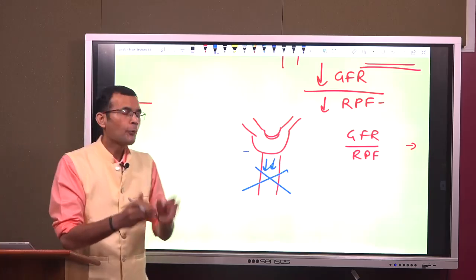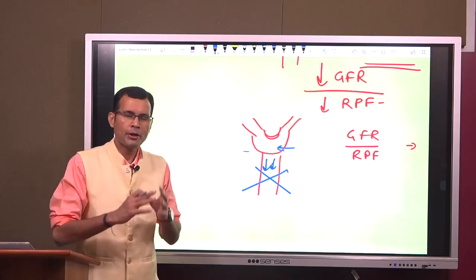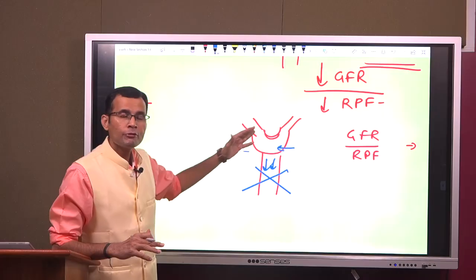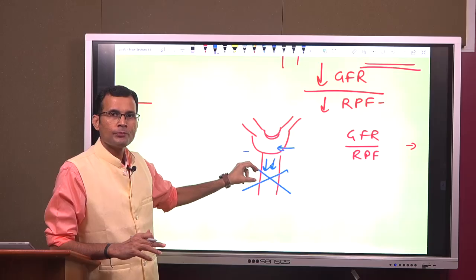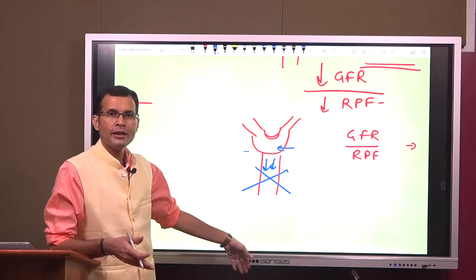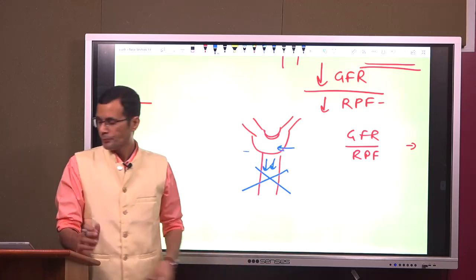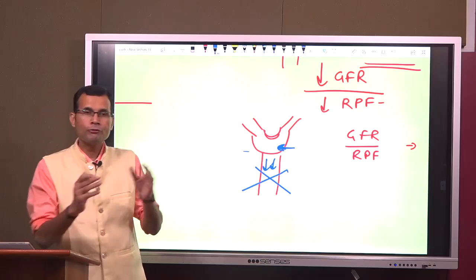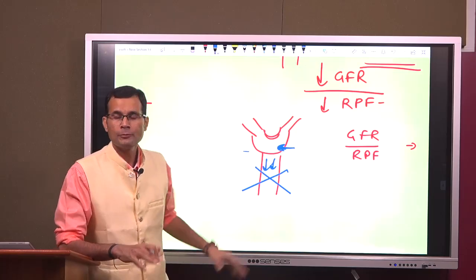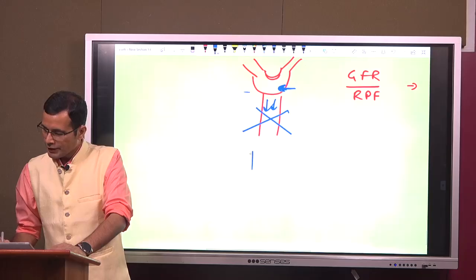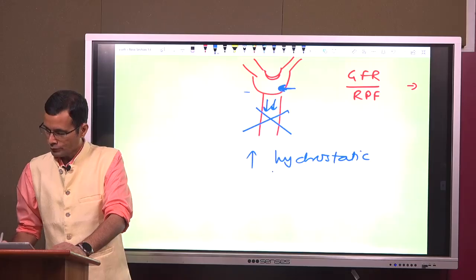Which means more and more filtrate will stay in the Bowman's capsule, because it is not flowing down normally into the tubules. There is decreased flow of tubular fluids. So, more and more filtrate stays in the Bowman's capsule. That means there is increased hydrostatic pressure in the Bowman's capsule.